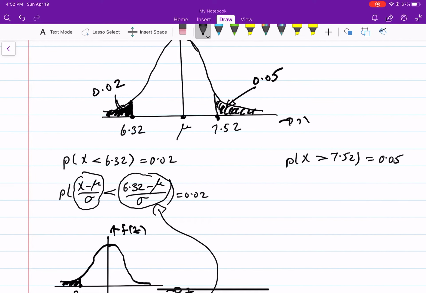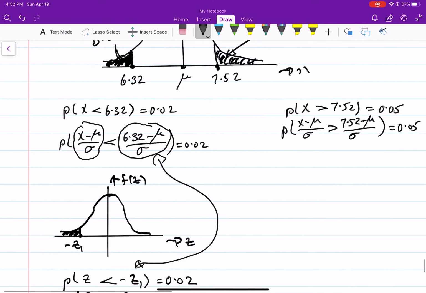We're going to standardize first. So this becomes the probability that x minus mu over sigma is greater than 7.52 minus mu over sigma is equal to 0.05. The area would still remain the same even if you standardize. Okay, if we were to graph that as an f of z versus z graph as well. Can I steal this one? Oh, forget it. Draw it over.